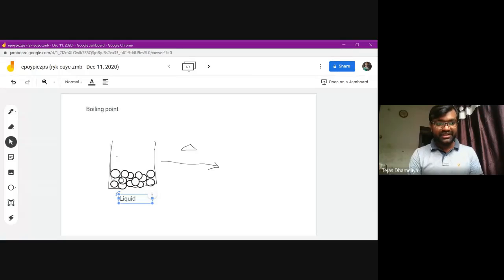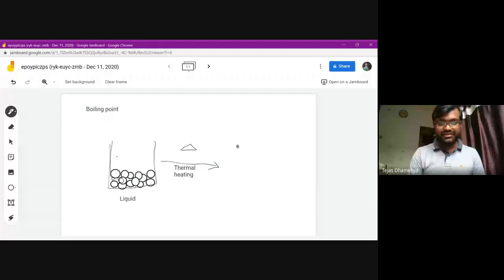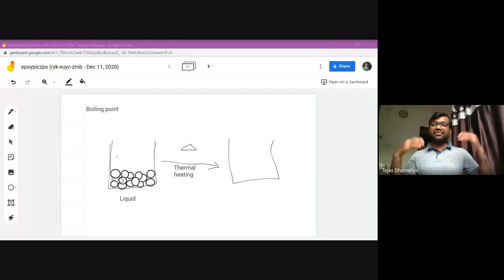Now this liquid is going to undergo conversion because of thermal heating, and it will be in some vapor form. How will the vapor form look? We know that the entropy of gaseous molecules is maximum. Solids will have the least entropy. Liquid will have entropy in between, and gaseous molecules will have maximum entropy.